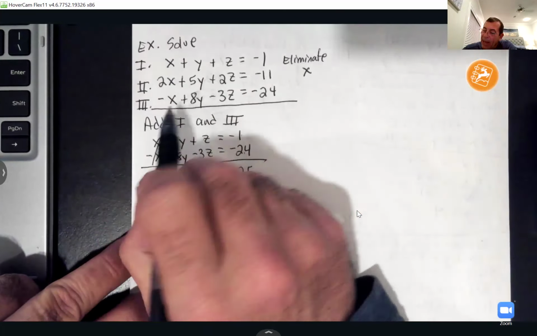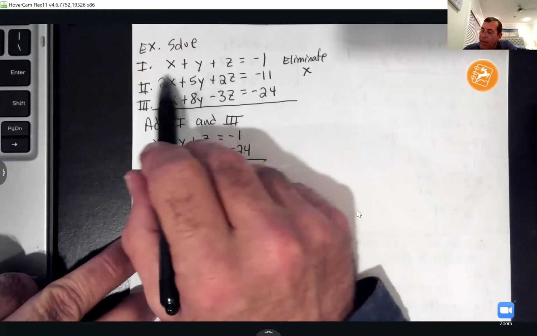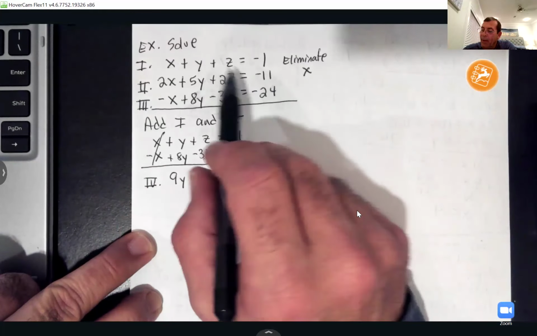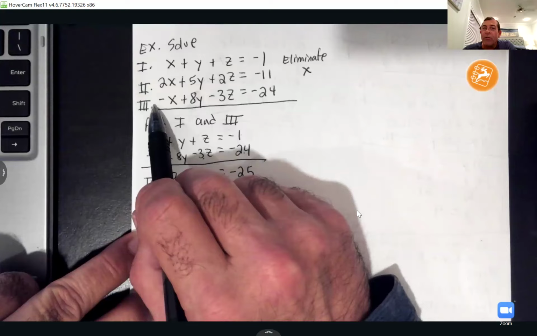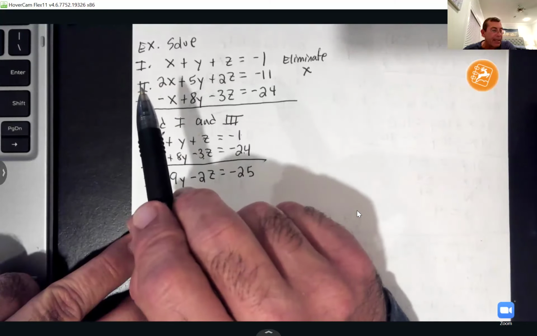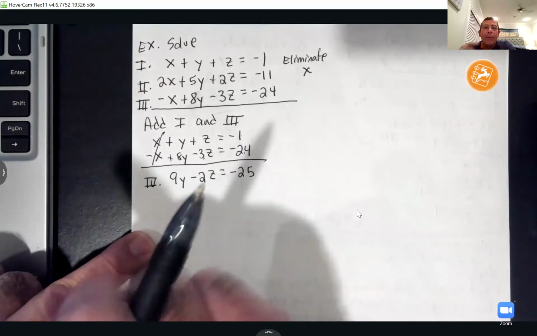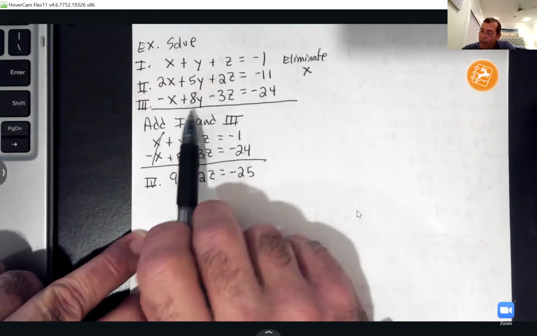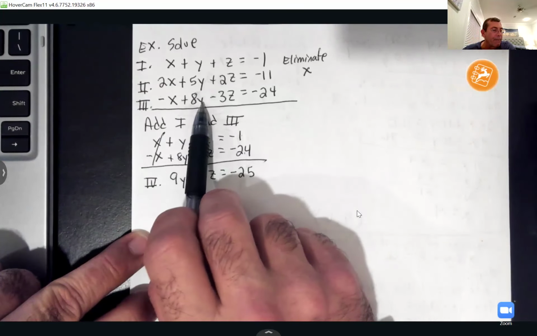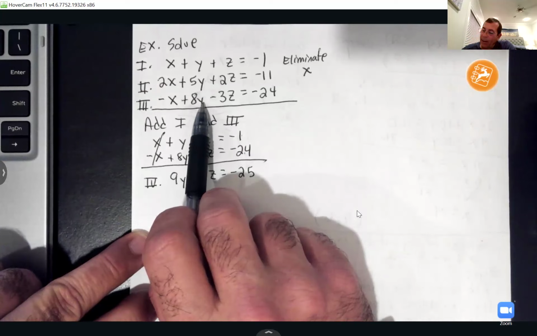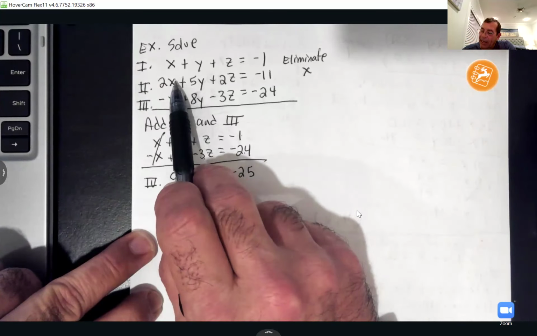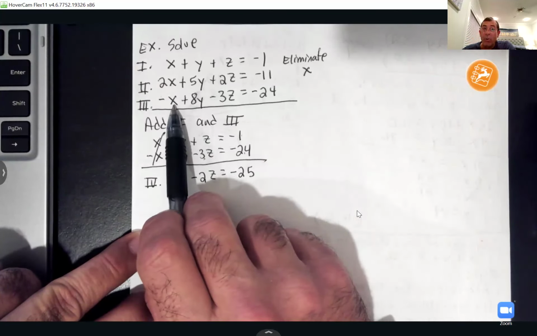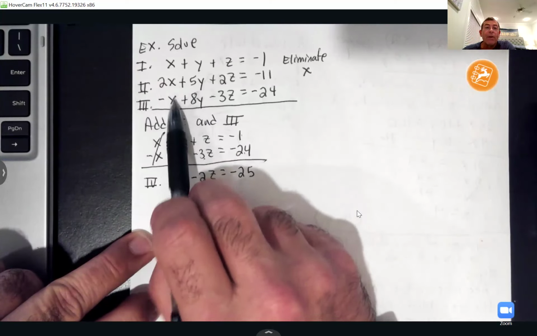Now, I've got to use the second equation this time with either equation 1 or 3 to eliminate the x's again. So y'all, I'm going to tell you what I'm going to do. I'm probably going to pick the second equation and the third equation because they're opposite in sign already.